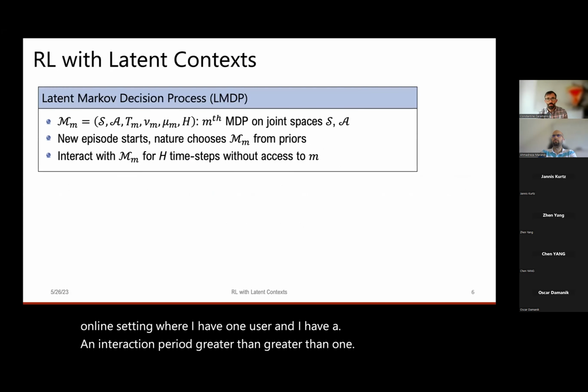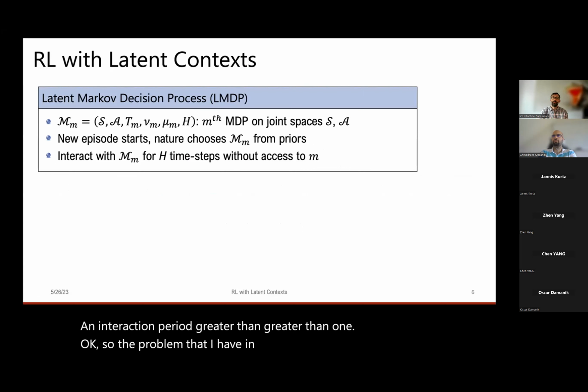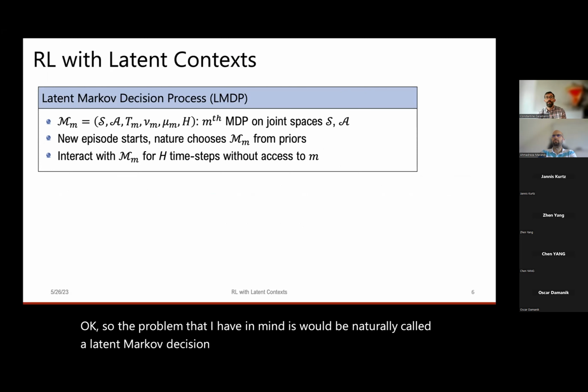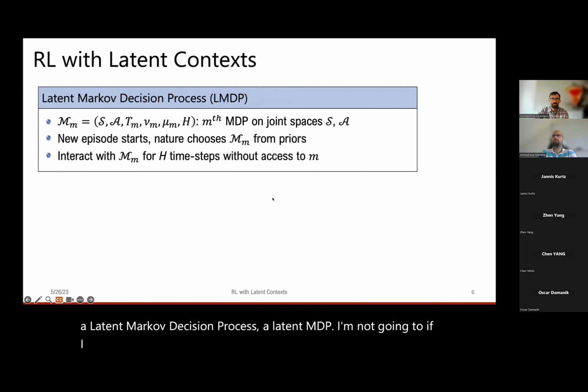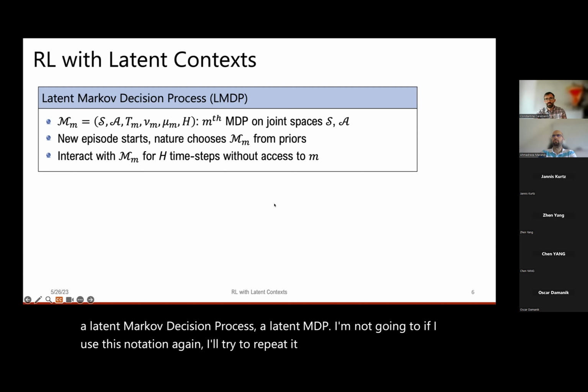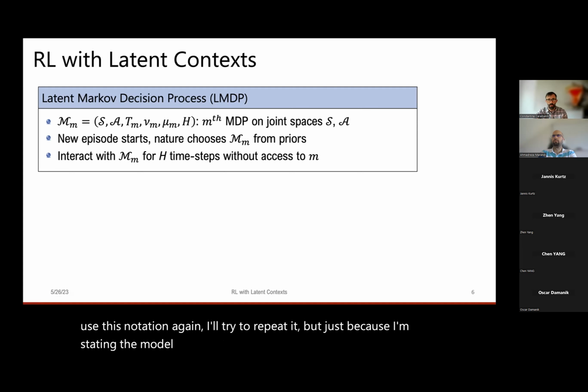Okay, so the problem that I have in mind would be naturally called a latent Markov decision process, a latent MDP. If I use this notation again, I'll try to repeat it, but just because I'm stating the model, I thought I would show everything.